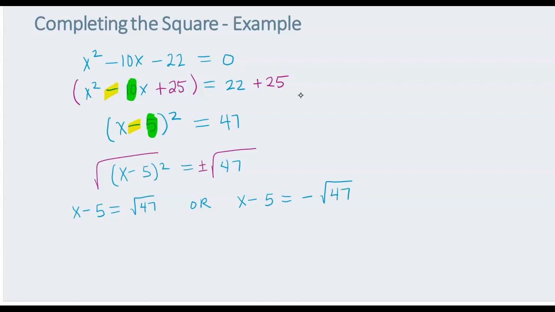Add 5 so that we can have the x on its own. And we end up with our two answers.